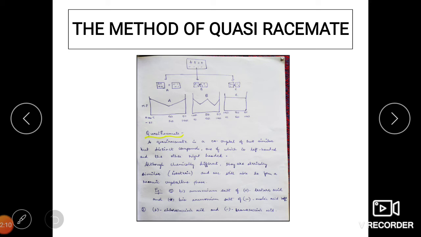So quasi-racemates are similar to a racemic mixture, but here we consider a co-crystal of different compounds, two similar but different compounds. Another example you can take is chlorosuccinic acid and bromosuccinic acid. Here also a quasi-racemate is formed.